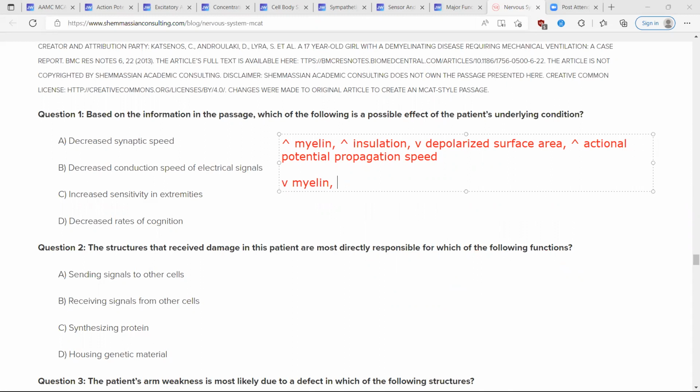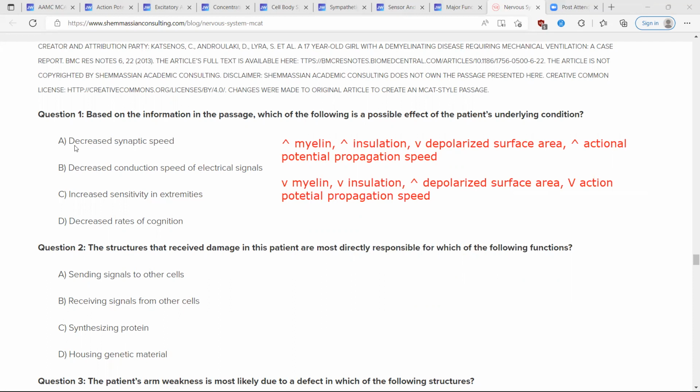Increased myelin led to increased insulation, so decreased myelin will be decreased insulation, and then increased depolarized surface area, and then decreased action potential propagation speed, right?